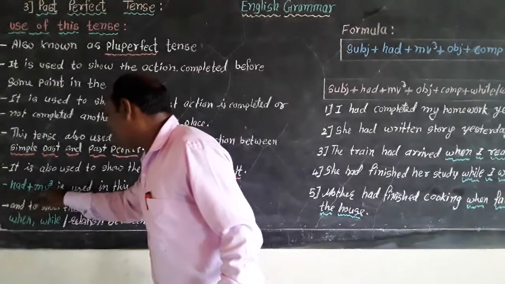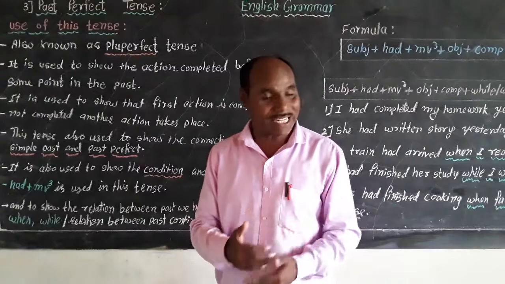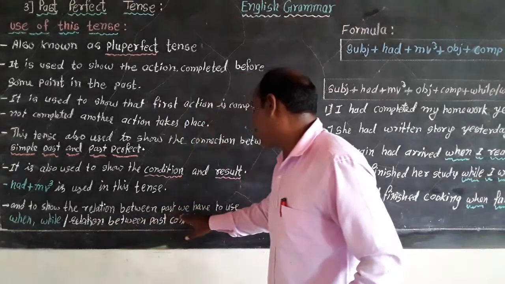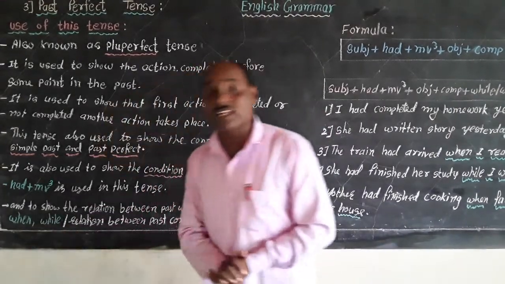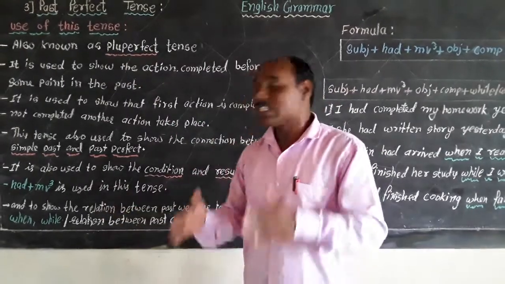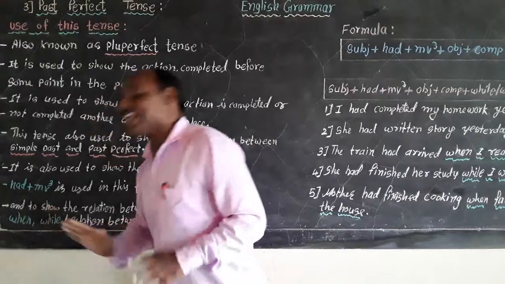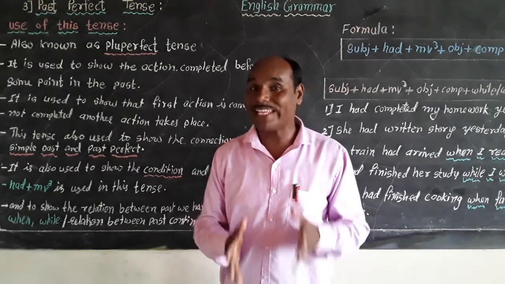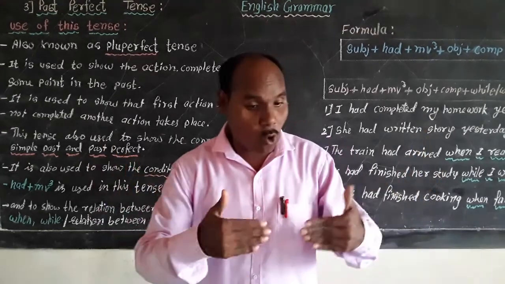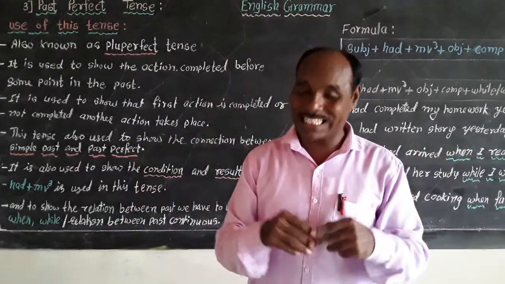Had plus MV3 is used to prepare the sentences of this tense. And to show the relation between past actions, we have to use when and while. When you are going to show the relation between the past perfect tense and the simple past tense or past continuous tense, we have to use when and while as relative conjunctions, to connect two sentences or two tenses to each other.